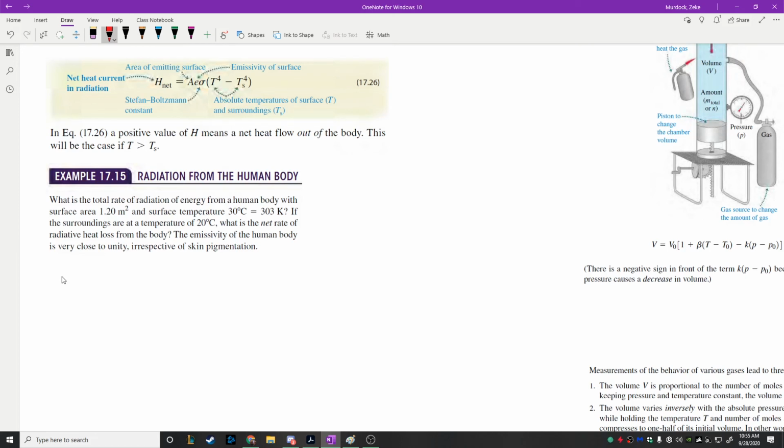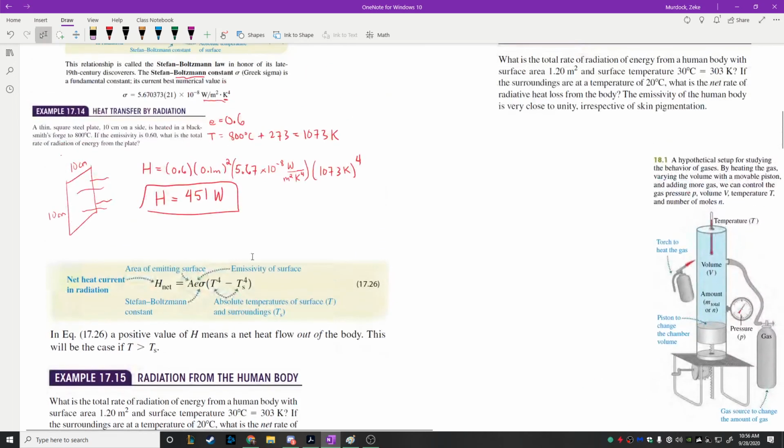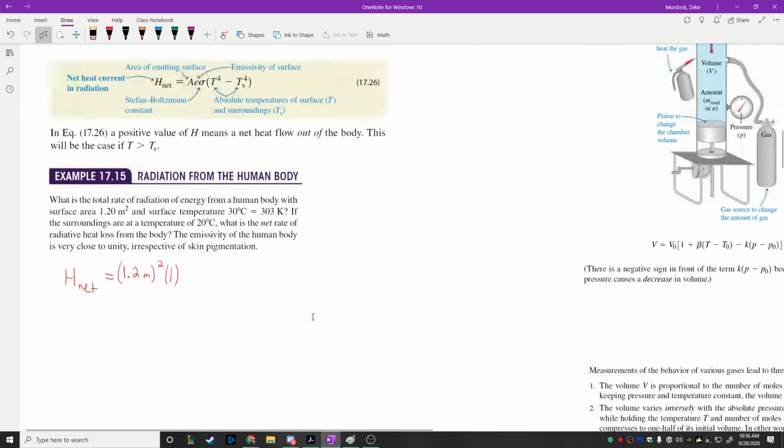So, this is a bunch of numbers here, right? We're going to get net heat is equal to our area, 1.2 meters squared. You multiply by emissivity. In this case, we're saying the emissivity is 1. Hey, did I put the 0.6 in the last one? I did. Okay, just making sure.